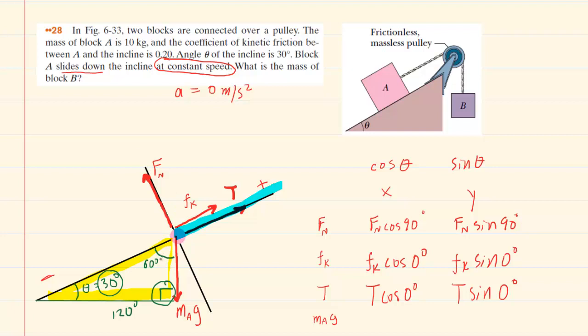Now, you're not going to use a 60-degree angle for this force, because, again, you need to measure the angle for the mg force, which points straight down, relative to the positive x-axis. So we would come in a full 180-degree arc to the negative x-axis, and then you would add 60 more degrees until you reach this gravitational force.